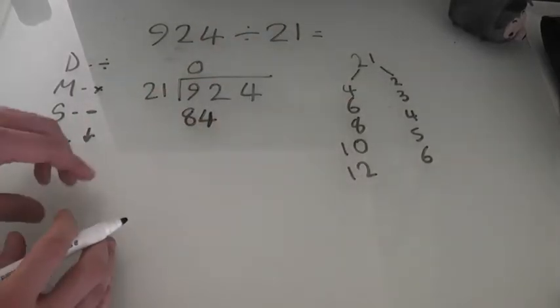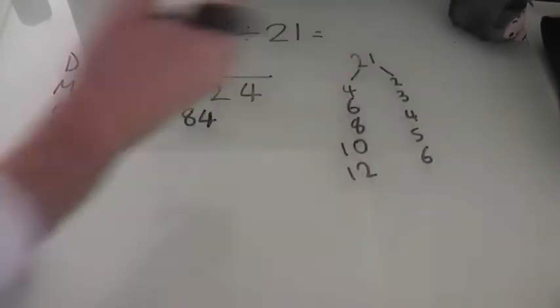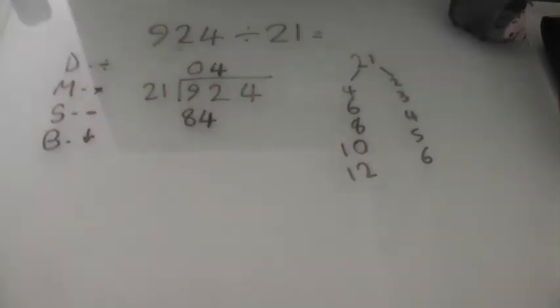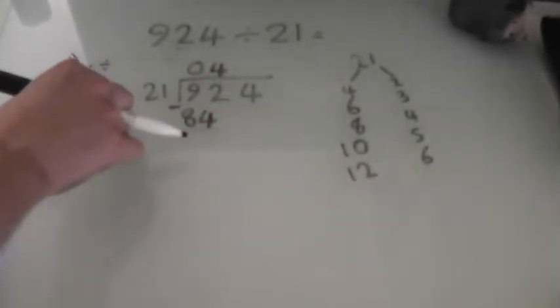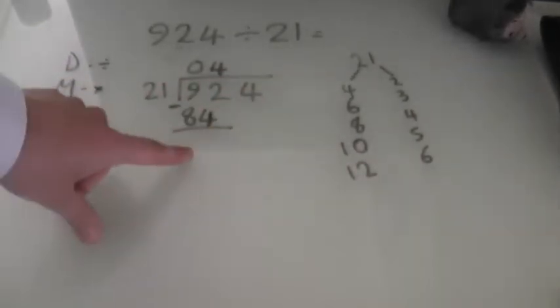Okay. We are then going to write 4, because that is how many 21s go into 84, up there. Now we're going to subtract. Can you see we're following our method? So we do 92 take away 84. So can you see this is where our subtraction comes into everything.